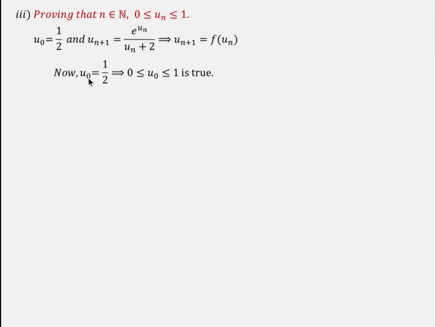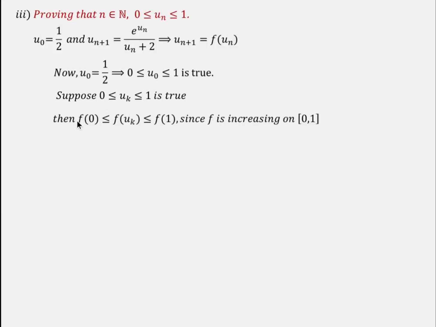Now, u0 equals half, and clearly half belongs to the interval 0 to 1. So we can conclude that the statement 0 less than or equal to u0 less than or equal to 1 is true. Now suppose 0 less than or equal to uk less than or equal to 1 is true, then we can have that f of 0 is less than or equal to f of uk less than or equal to f of 1.